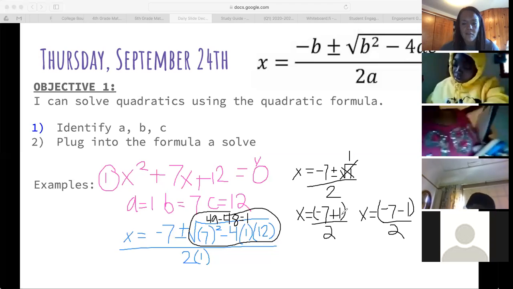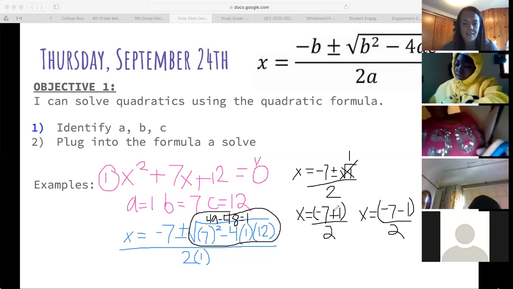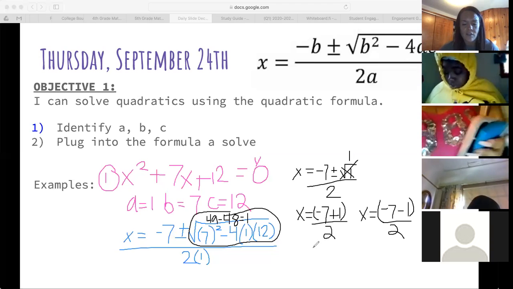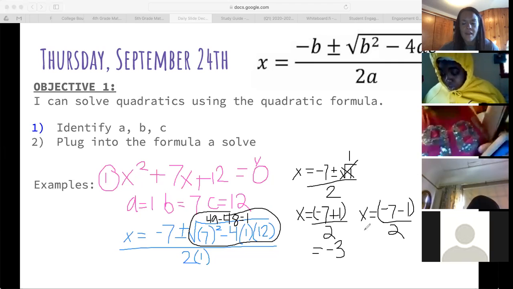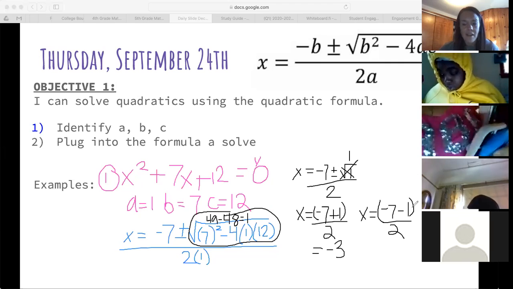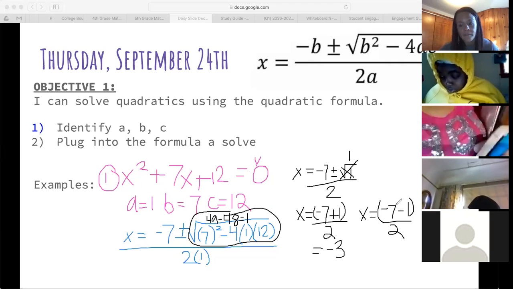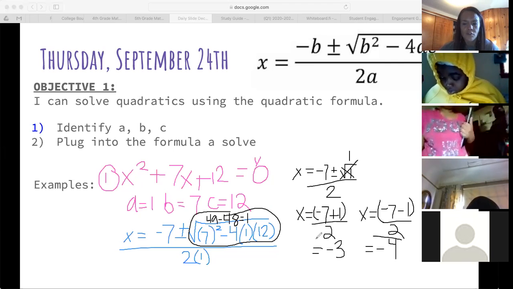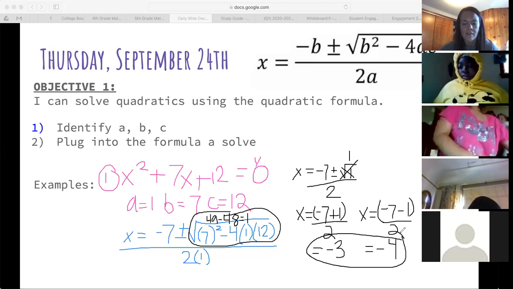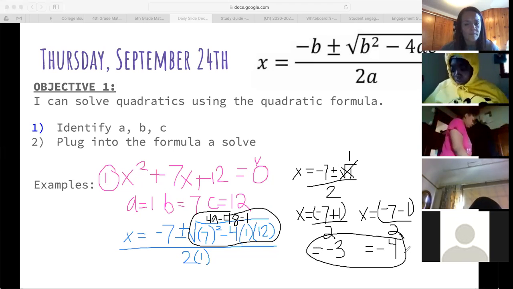So negative 7 plus 1 is negative 6. Negative 6 divided by 2 is going to be a negative 3. And then this one will be negative 7 minus 1, which is negative 8. Negative 8 divided by 2 is going to give me negative 4. So my 2 solutions for this parabola are negative 3 and negative 4.